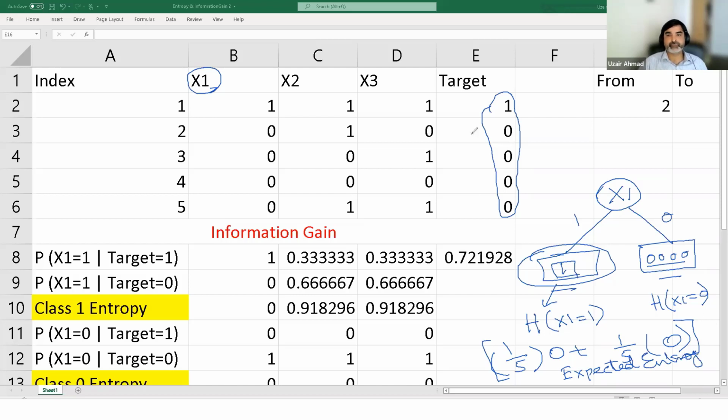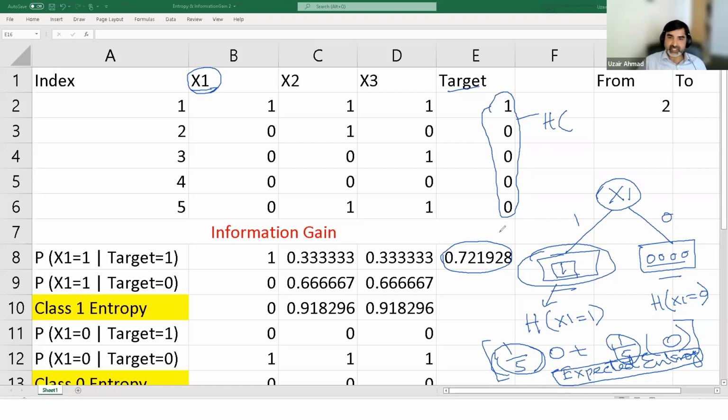Before splitting, the entropy of target is 0.72. After splitting, after we know x1 and use x1's values to split the values of target, the entropy of the subsets multiplied by the weight of each subset is referred to as the expected entropy of target.